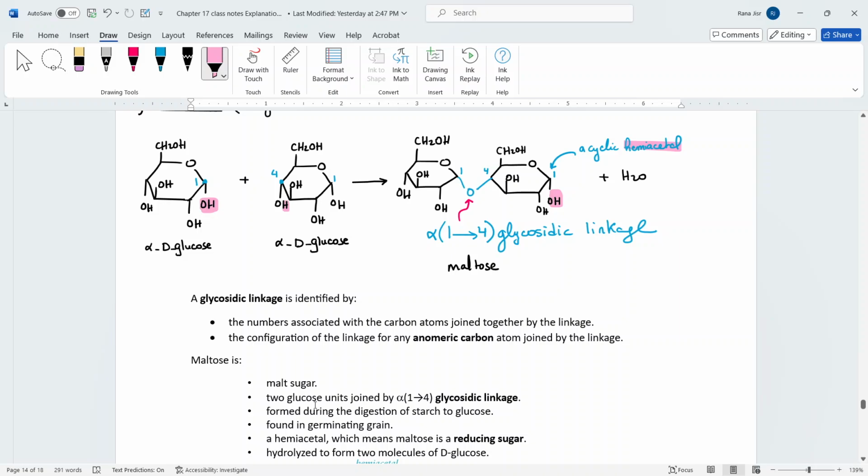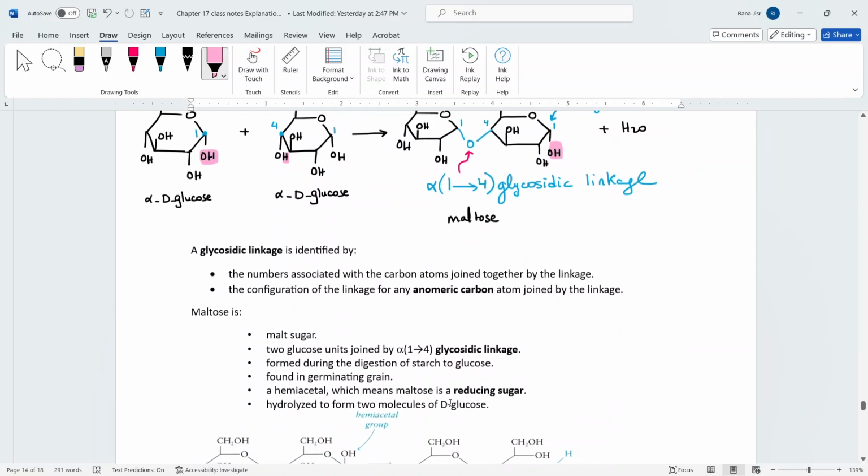Maltose is a malt sugar. It is 2 glucose units. They are joined by an alpha 1,4 glycosidic linkage, and it is formed during the digestion of the starch to glucose. It is a hemiacetal. It is a reducing sugar.